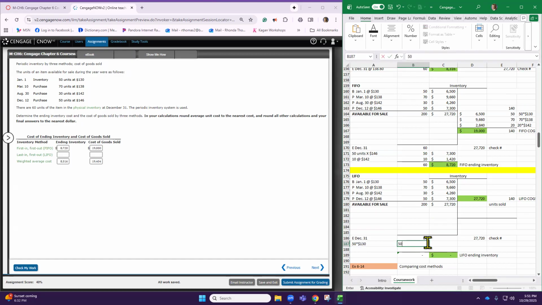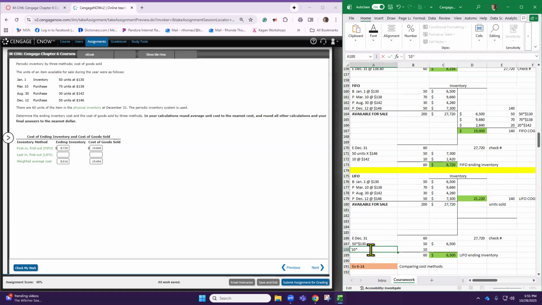Okay, there's 50. Now let's do the math. So 50 units times $130 each, which is the oldest. There is 50 of them. Now we need 10 more. And so 10 units at the next oldest cost. This was the oldest.